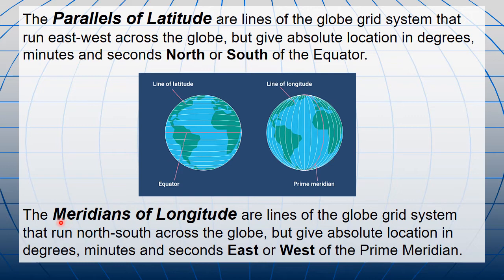That's different from the meridians of longitude. The meridians of longitude are lines of the globe grid system that run north-south across the globe, but they give your absolute location in degrees, minutes, and seconds east or west of the prime meridian.